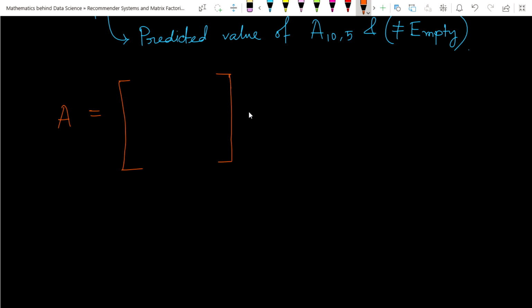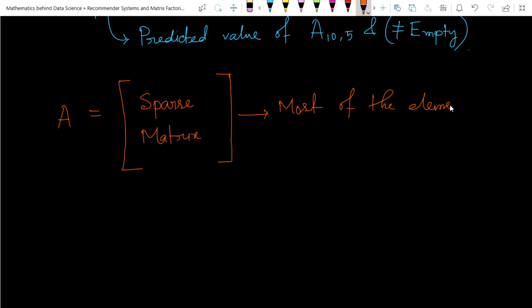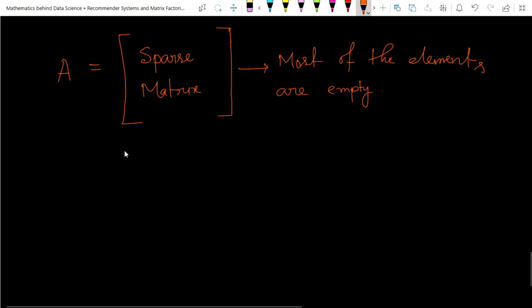This is actually a sparse matrix, which means most of the elements are empty here.